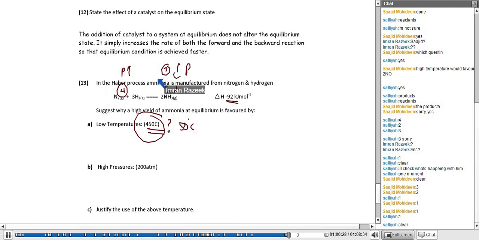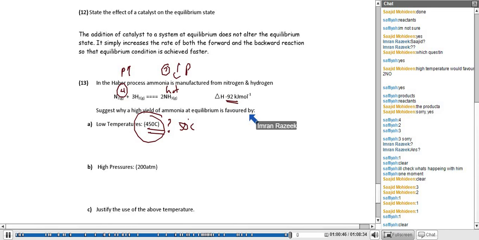We know that when the temperature decreases, the rate decreases. The rate of the reaction will be very slow. So if you increase the temperature to increase the rate, the yield will be low, because low temperature will favor products, and high temperature will favor the reactants, the backward reaction, because it's an exothermic reaction.